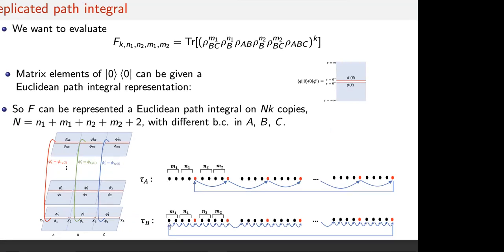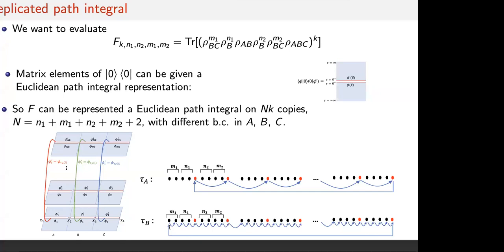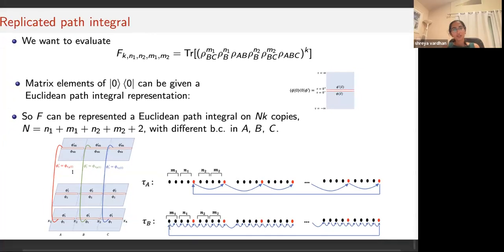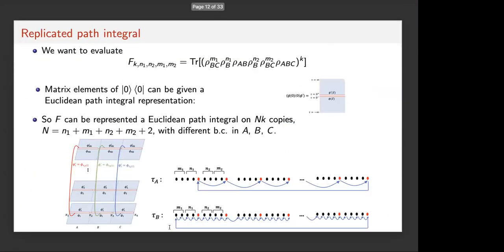So what's happening is that a particular configuration picks out a particular conjugacy class of SNK. Is that what is happening after you compose tau A, tau B inverse? Conjugacy class is cycle shape, but same thing. But as you vary M1, N1, you get all possible shapes?